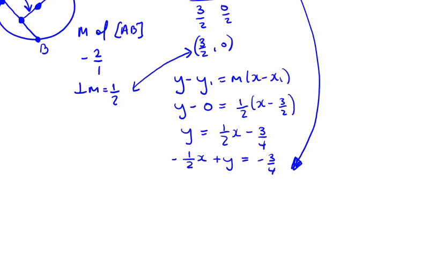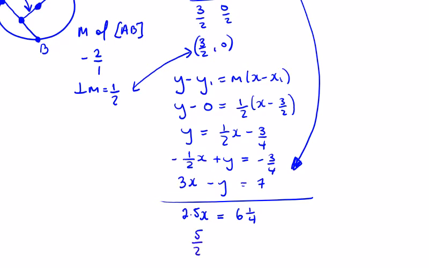And I'm bringing this equation down: 3x - y = 7. So I'm going to get 2.5x, or 5x over 2, is equal to 7 minus 3 over 4. So that's going to be 6 and a quarter. I've got a decimal on one side and a fraction on the other. Not ideal, so let's write them as fractions. 5 over 2 x is equal to 25 over 4.